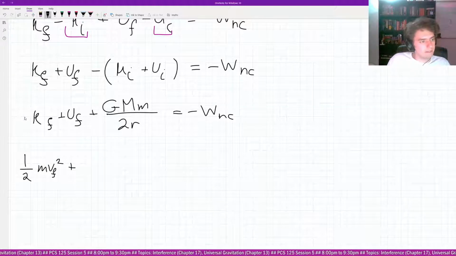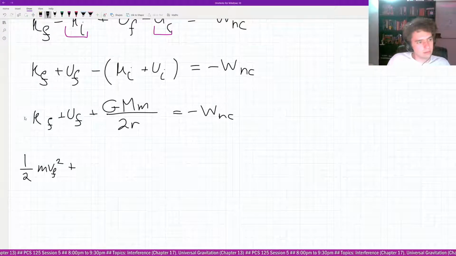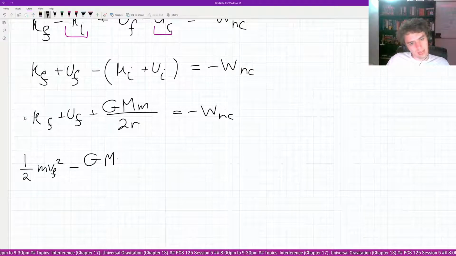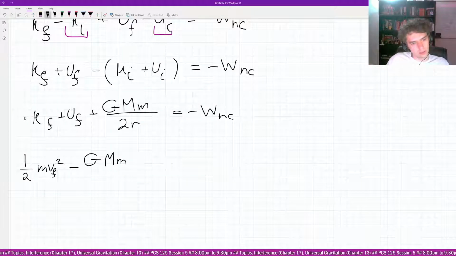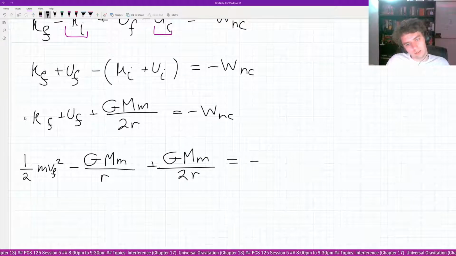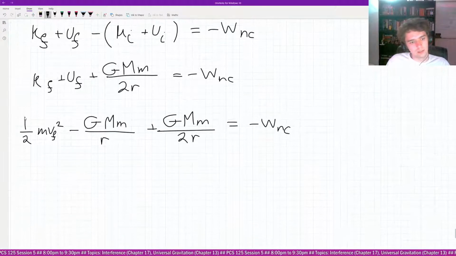So Uf is the final potential energy, which is going to be negative GMm, where big M is the Earth and little m is the satellite, over r, plus GMm over 2r, equals negative work non-conservative.